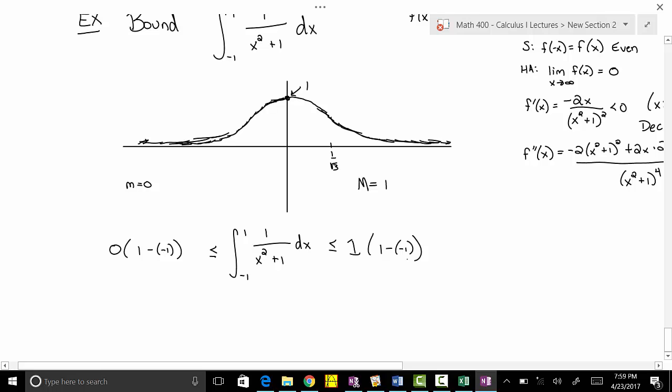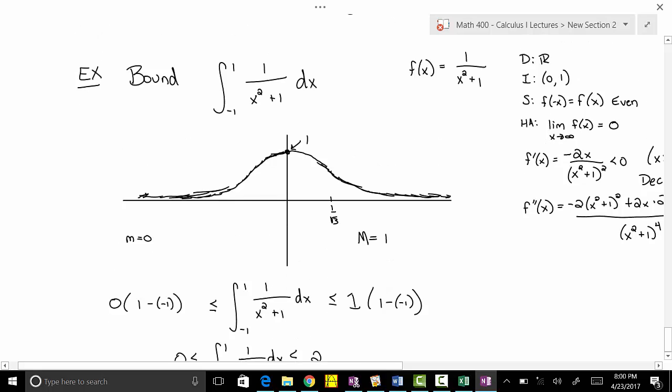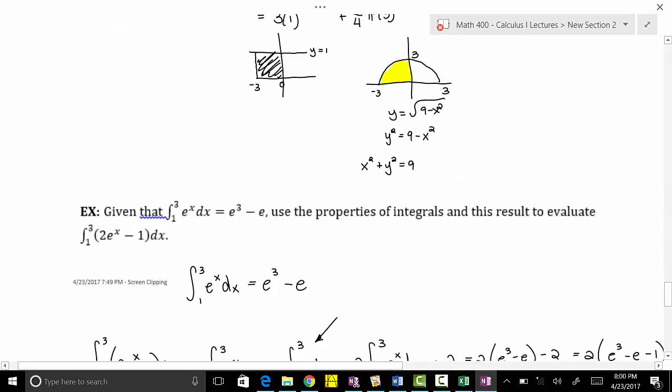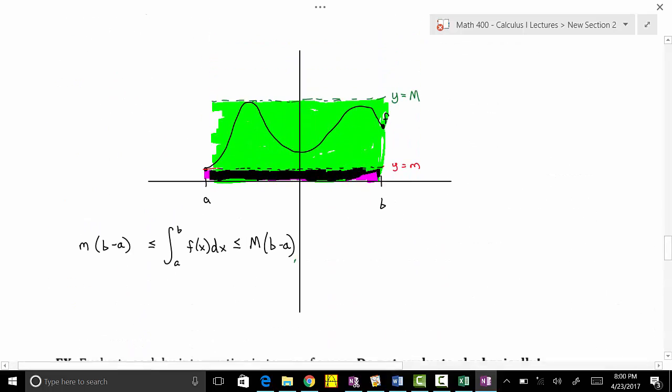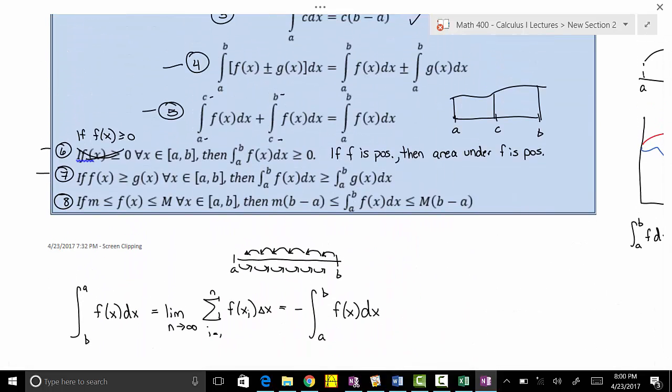Well, that means that this integral is between 0 and that's going to be 2 times 1 or 2, between 0 and 2. And that, by the way, is just using, if I scroll up quite a ways, this guy, I'll highlight it.